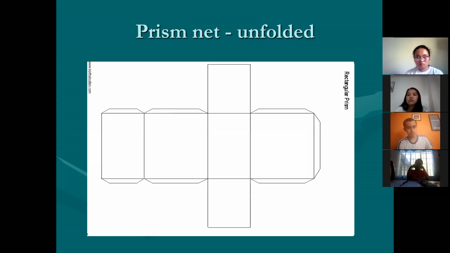In case this will be made as an activity for you guys, probably expect that if Ma'am will allow us to give another performance task for the second quarter, I will give you something like this to work on in your house. Make your own net figure of a certain solid. We even made the net figure of a sphere. Imagine that.